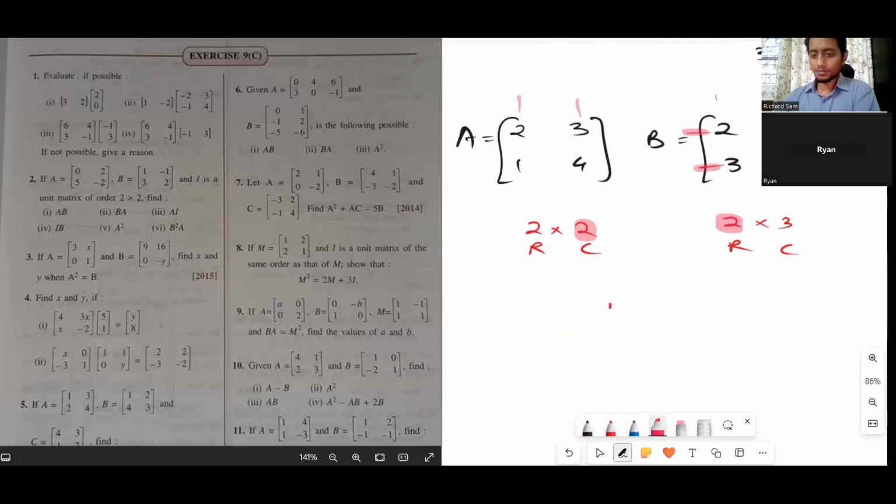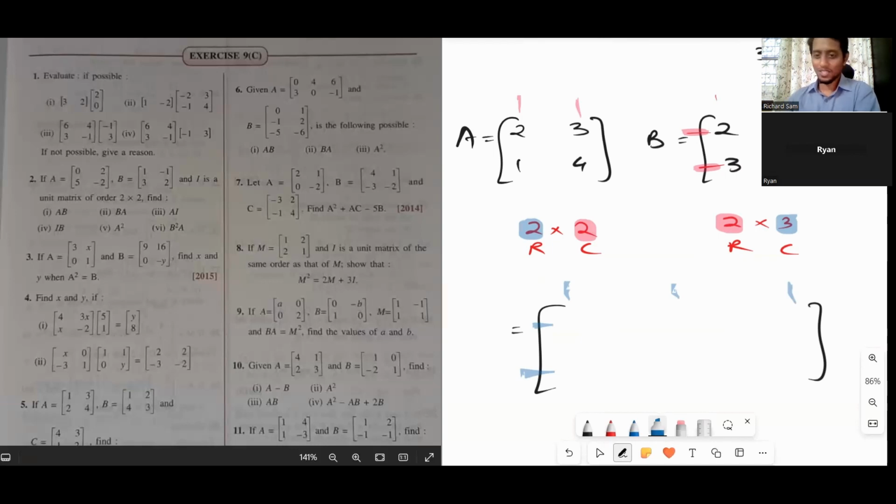Now, these 2 numbers here, this 2 and 3, will be the order of the resultant matrix. The answer that we're going to get will be of the order 2 by 3. That means that there will be 2 rows and 3 columns. Is it clear?